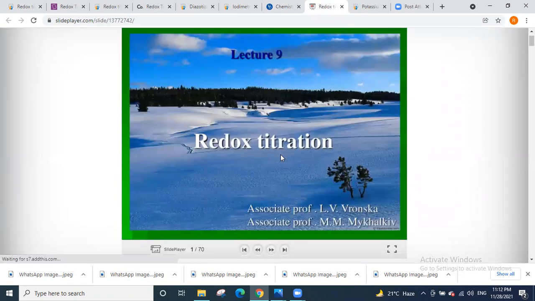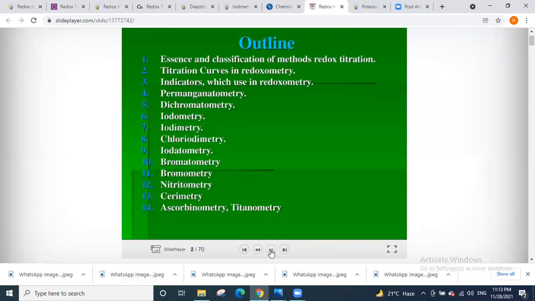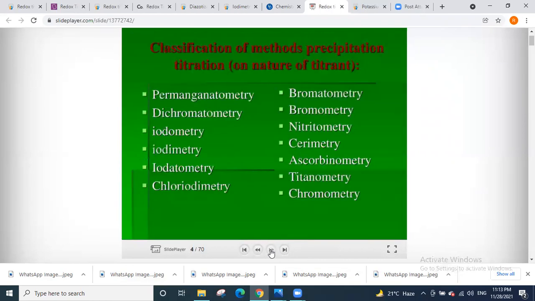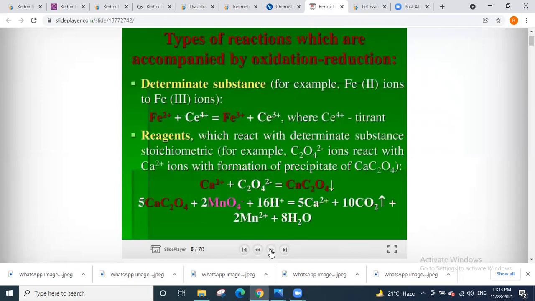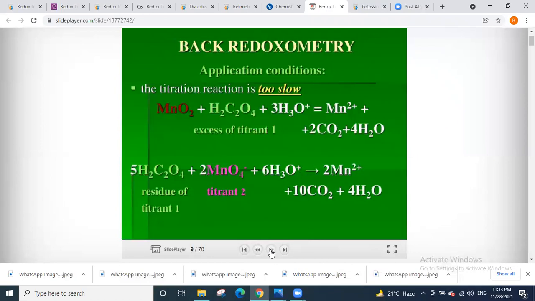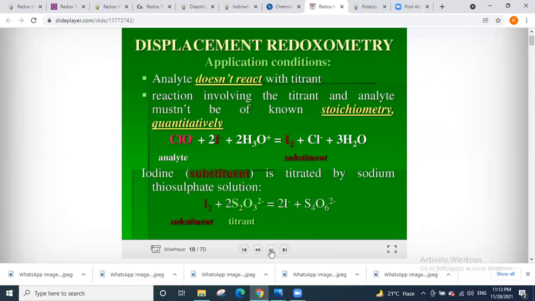Dichromatometry as such, we have the second type of titration in which we use the titrant potassium dichromate, that is called dichromatometry.